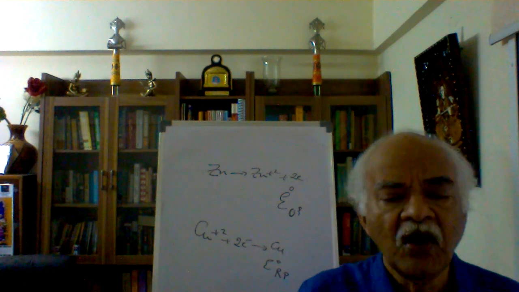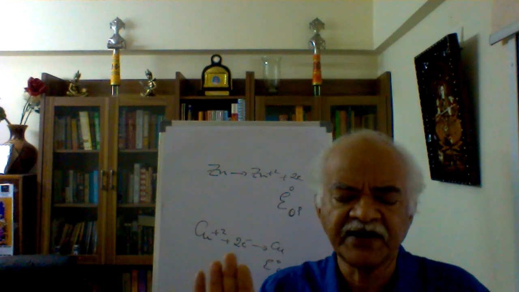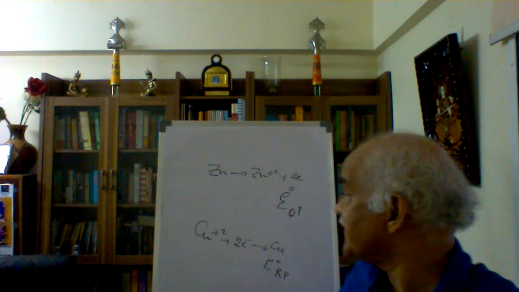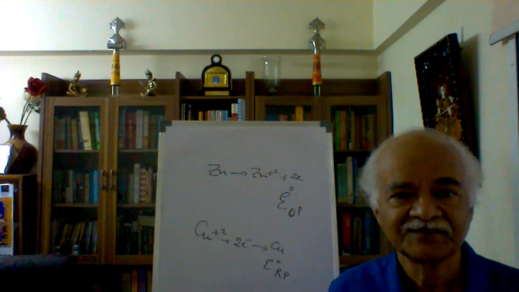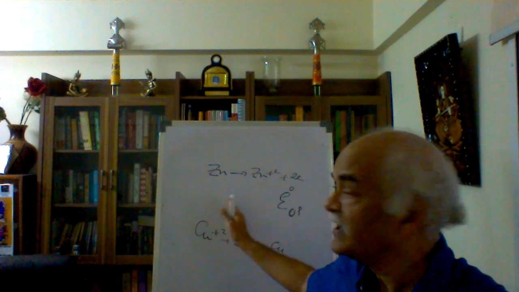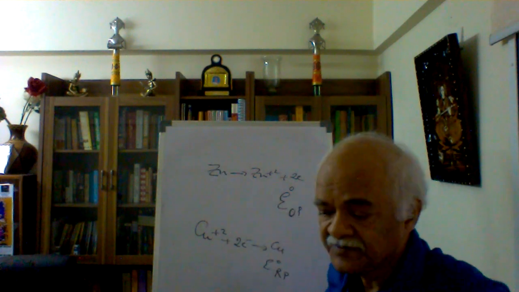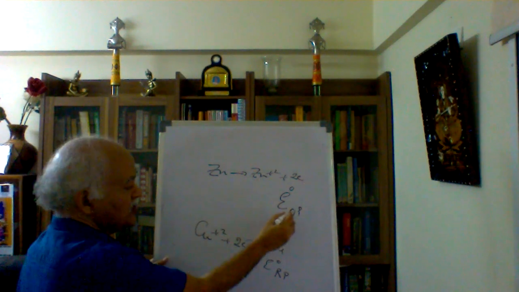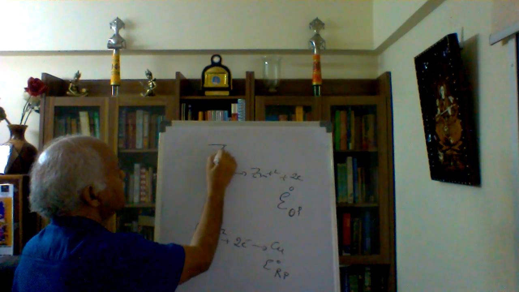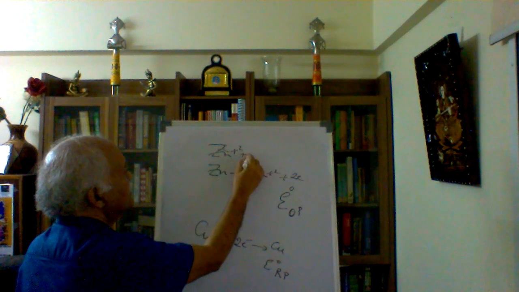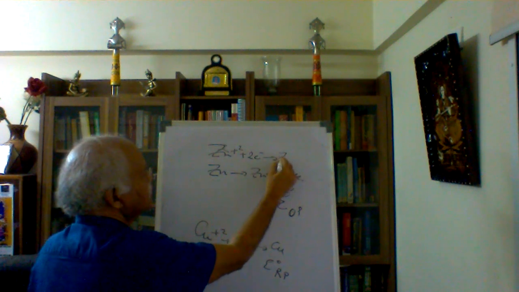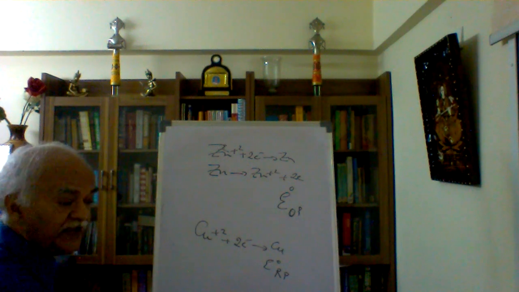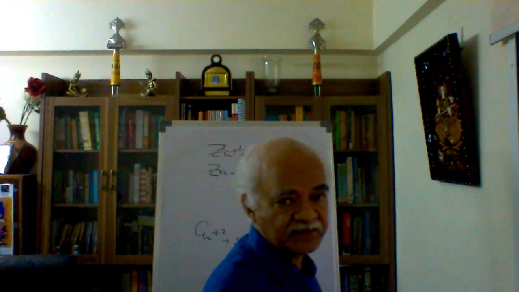We are imagining all the half reactions are reduction potentials, E naught RP. That is even the first reaction. Therefore, if it is a reduction, I must write zinc plus 2. If it is reduction potential, how do you write it here? I will write down not like this because this is oxidation. Zinc plus 2 plus 2 electrons forming zinc. Does it look like reduction? Therefore, the corresponding potential is E naught reduction potential.